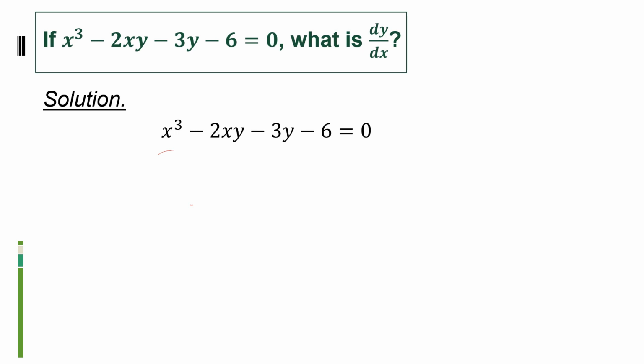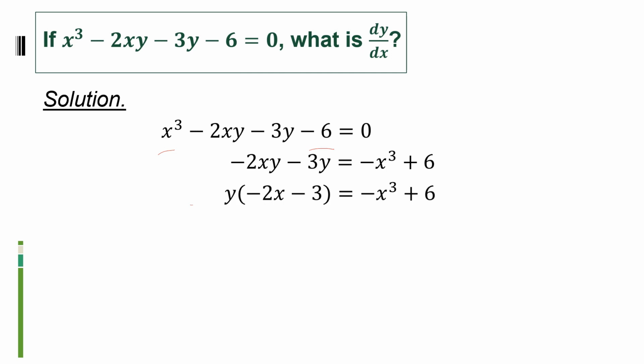So by transposing this and this, we have negative 2xy minus 3y equals negative x cubed plus 6. Factoring out y, we have y times the quantity negative 2x minus 3 equals negative x cubed plus 6.